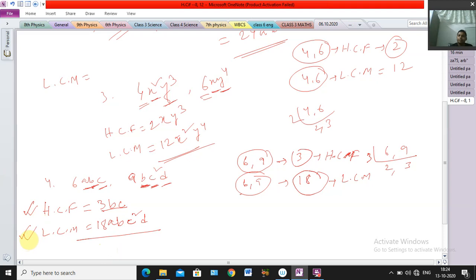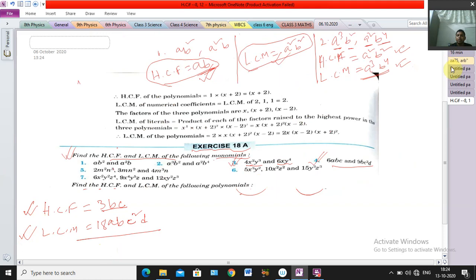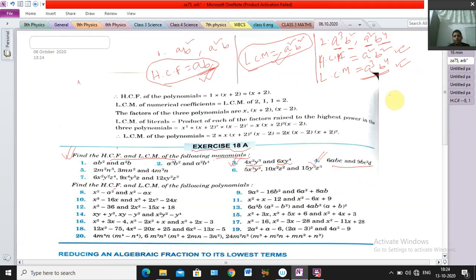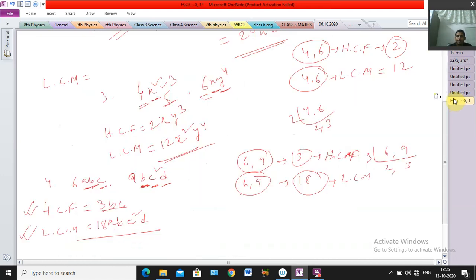Clear? Understood? Okay. So the next question is question number 5, with 3 parts. The first is 2m square n cube, the second is 3m n square, and the third is 4m cube n. At first you have to write the question.